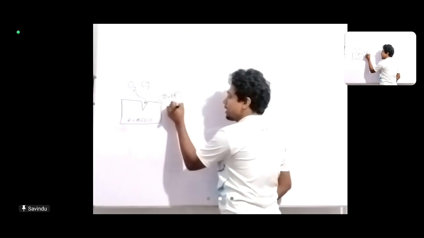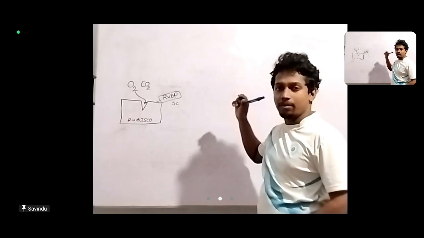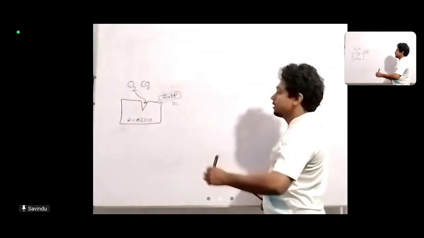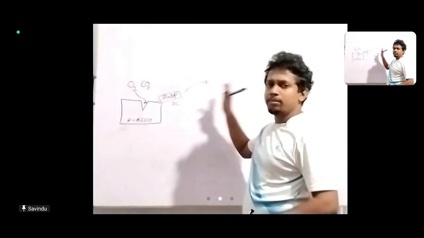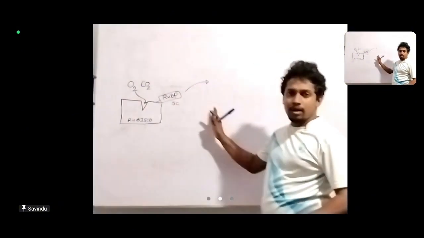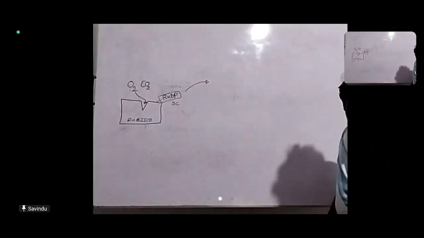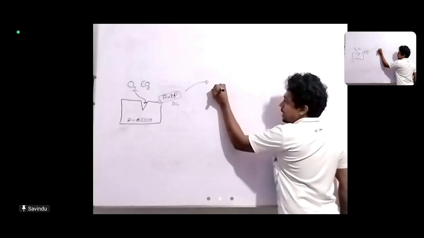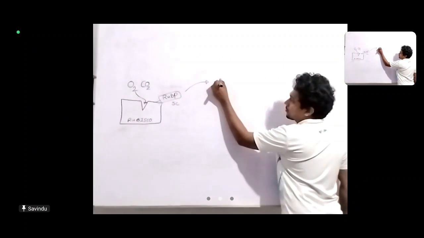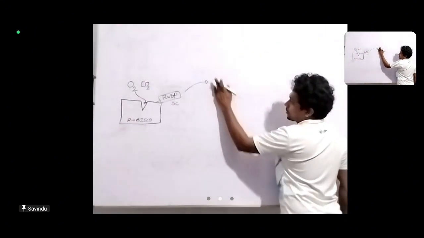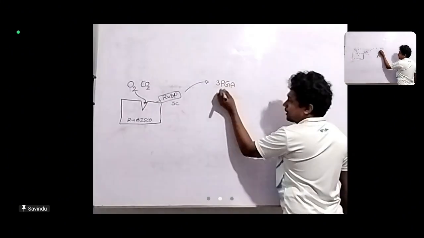RuBP is 5 carbon, but oxygen does not have carbon. So the result should have only 5 carbon. Look at this. The results are not a 5 carbon stable or unstable molecule. There are 2 results from this reaction. The results would be 1 3-PGA molecule. 3 means not 3 carbons, not 3 PGA molecules.